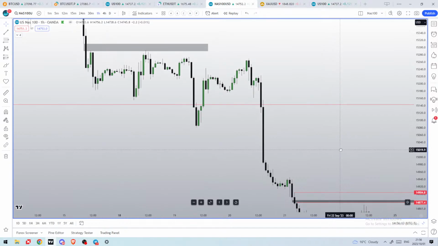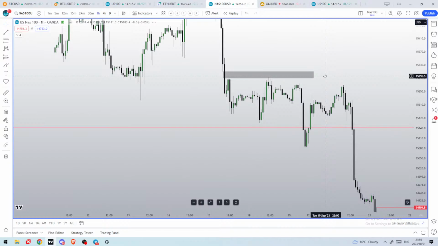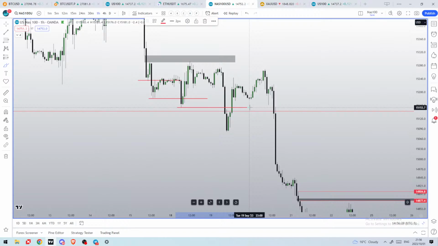So you ask me where does CSD fail, and it's there. Look at this. We closed below here, we closed below here, and now we closed below here. Again, there's CSD here. So you would expect retracement here and price to push higher, right?